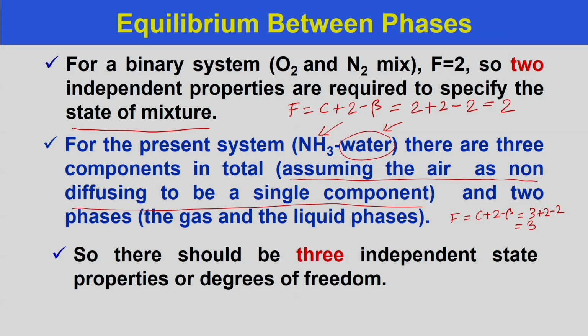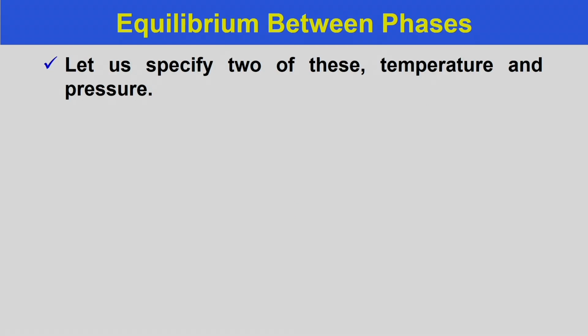So, there should be 3 independent state properties, or degrees of freedom, to define this system. So, what are these 3 independent state properties? Let us specify 2 of these. One is temperature and the other is pressure. So, temperature and pressure we can specify for a particular system.